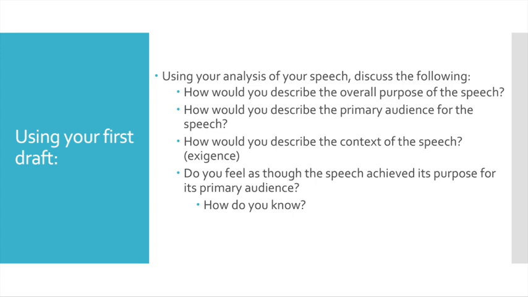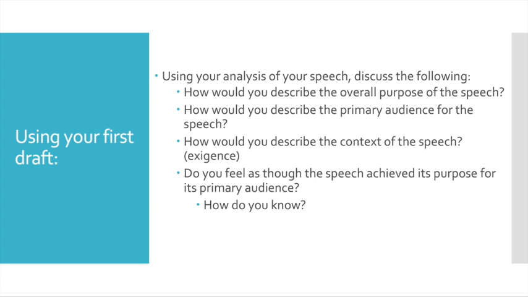And then what I want you to do is just jot some notes if you don't have this in your analysis already, or you could stop the video and do a little free write. Do you feel as though the speech achieved its purpose for its primary audience? Once you've answered that question, now answer the question, how do you know?